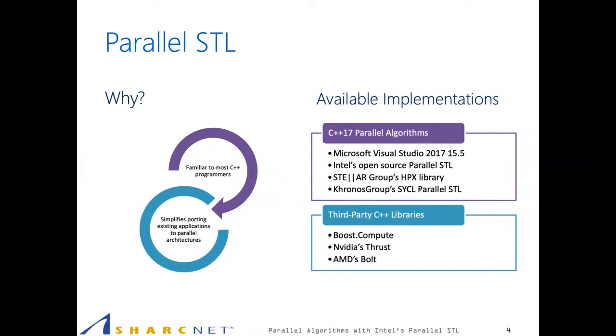I put them in two categories. First is the C++17 parallel algorithms, which are now part of the core of the language. The only compiler that supports it out of the box currently is Microsoft Visual Studio, starting from 2017, version 15.5. But there is also Intel's open source Parallel STL that I'm going to address today.